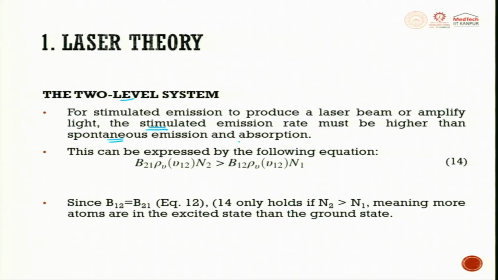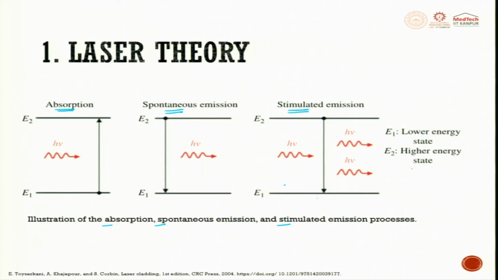Spontaneous means what is released instantaneously is called spontaneous emission. Stimulated emission means you are stimulating, and you get the original photon back plus one more, and that is stimulated.